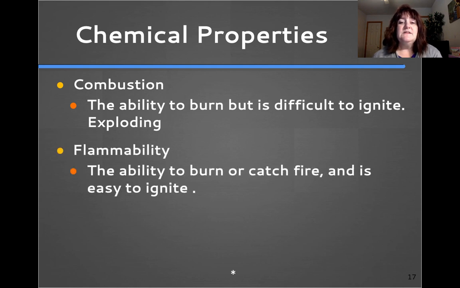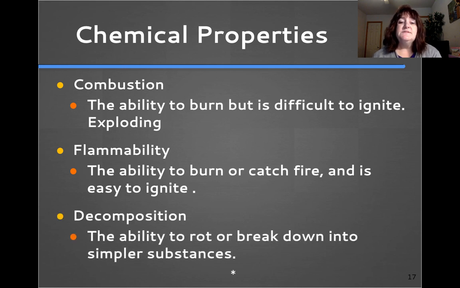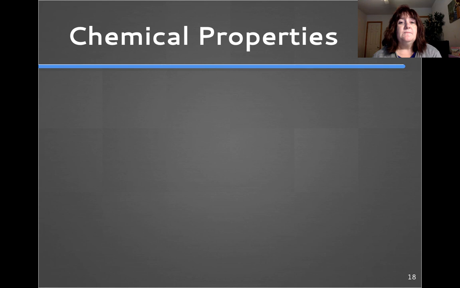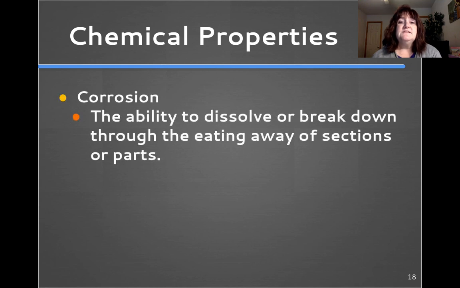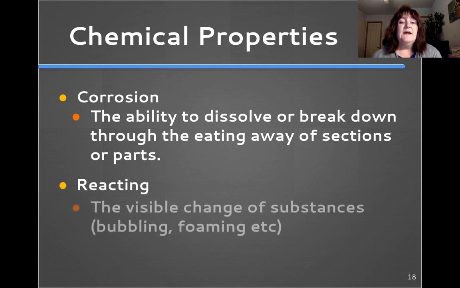Flammability is the ability to burn or catch fire, and it's easy to ignite. Decomposition is the ability to rot or break down into simpler substances. Corrosion is the ability to dissolve or break down through the eating away of sections or parts. And reacting is a visible change of a substance, that's bubbling, foaming, etc.